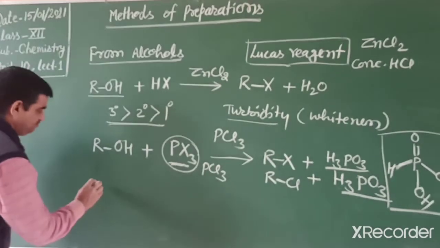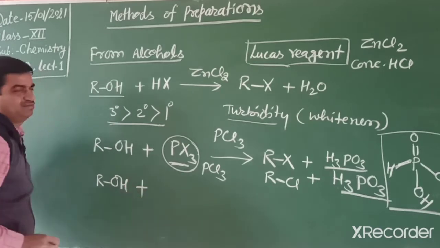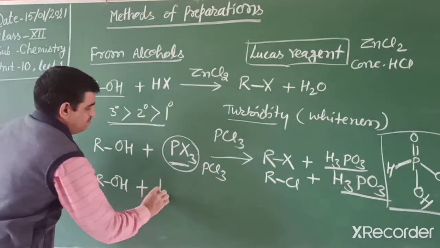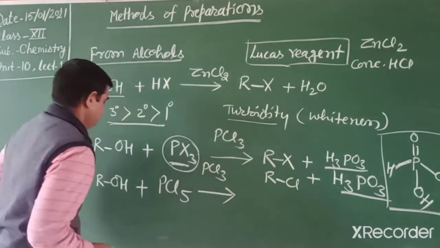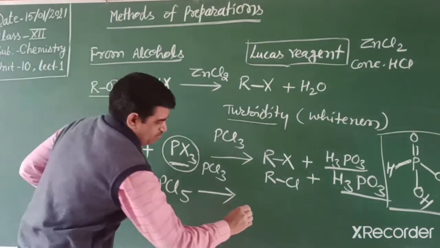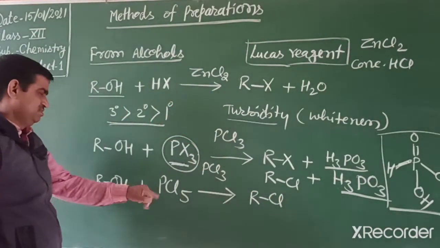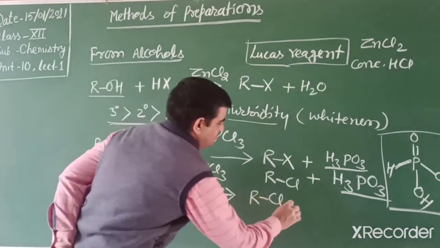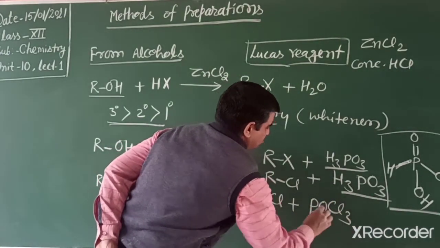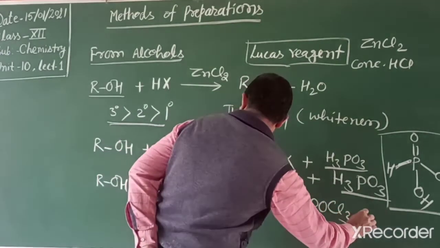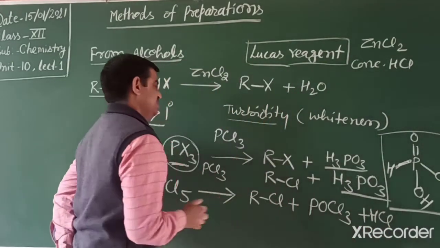If we use alcohol with another phosphorus halide, PCl5, our motto is to convert it into alkyl halide, and we get POCl3 plus HCl. Students, how can you remember?